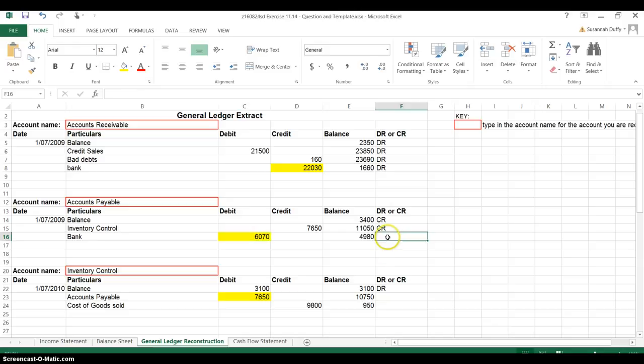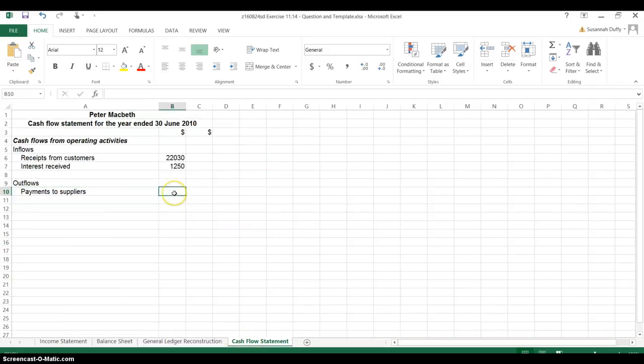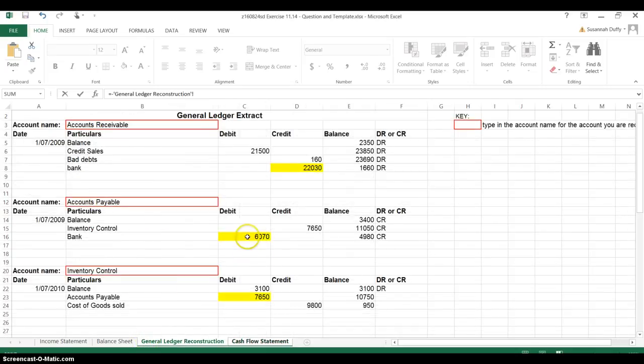Still credit balance there. Okay, and this is the figure that we need to pop into our cash flow statement. If you remember, we've got to show these as negative, so just put in equals negative, go back to our general ledger and pick up that highlighted figure.